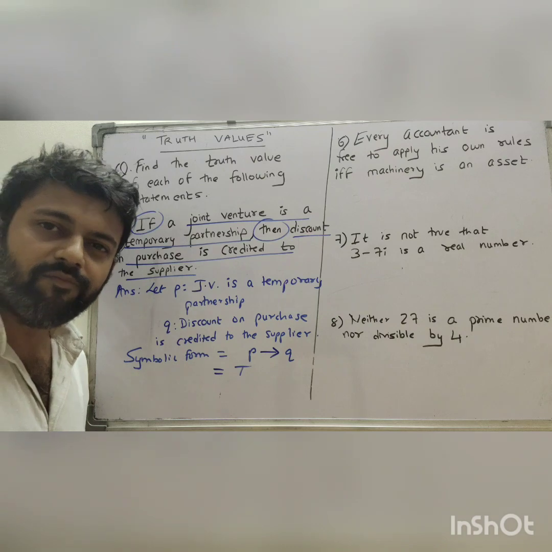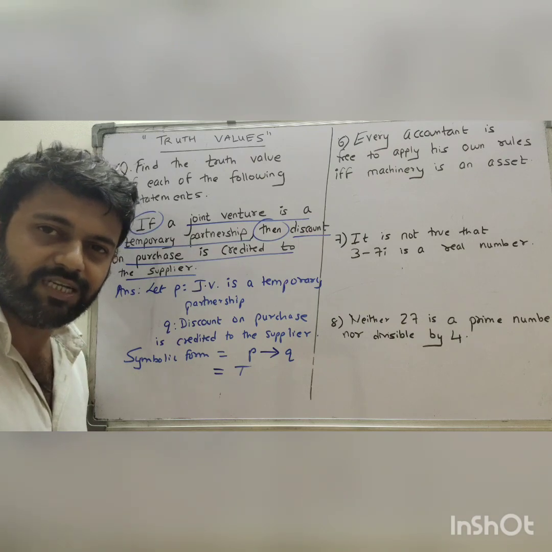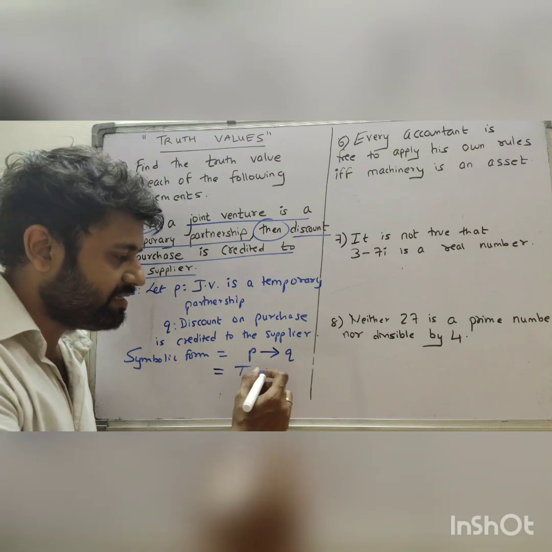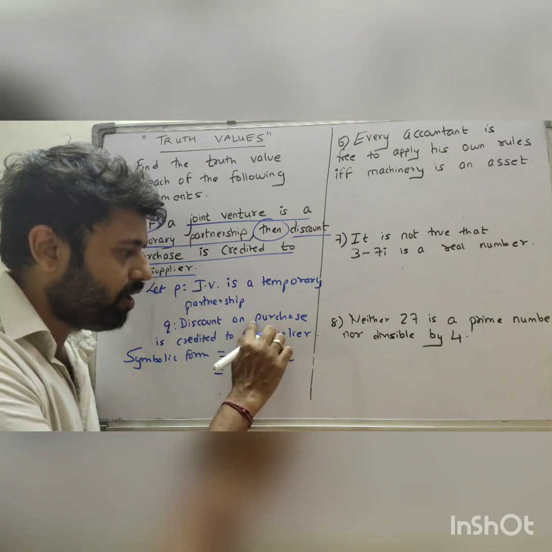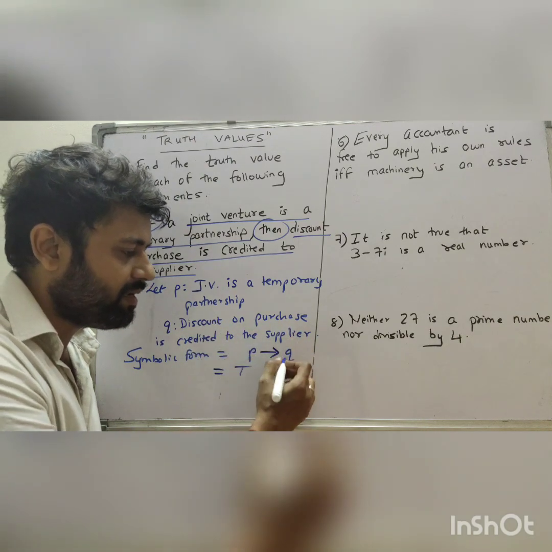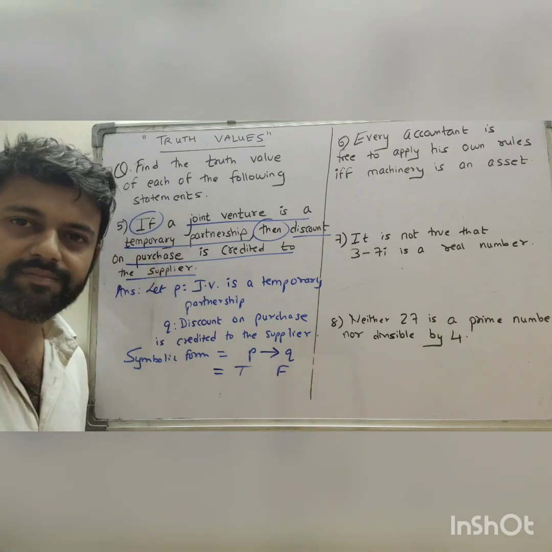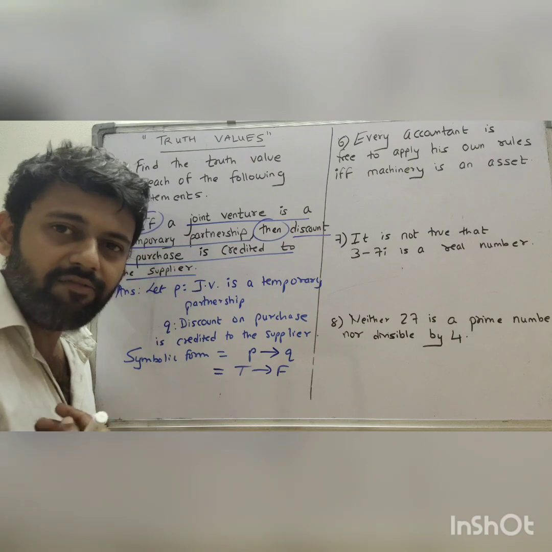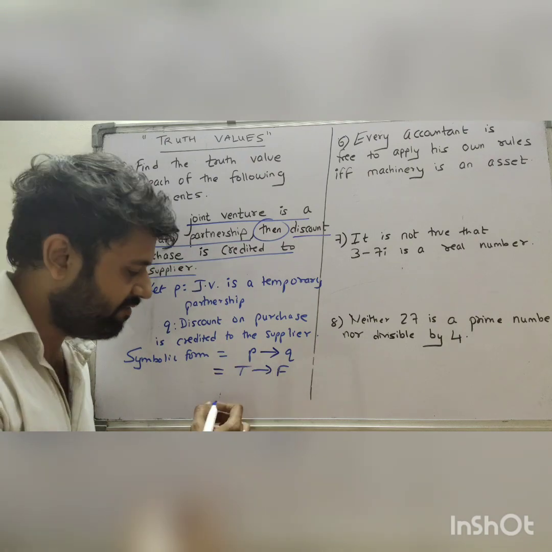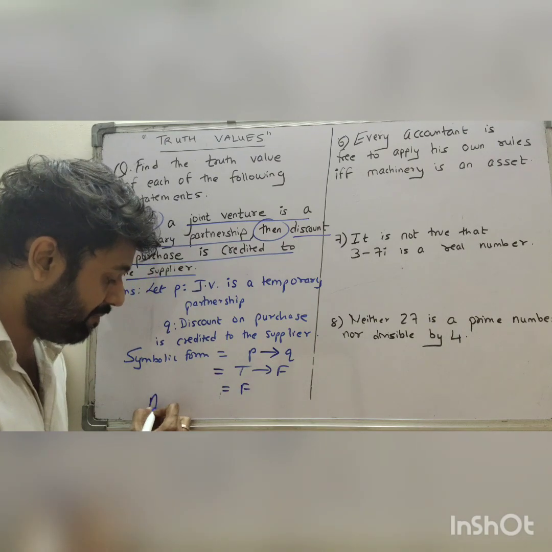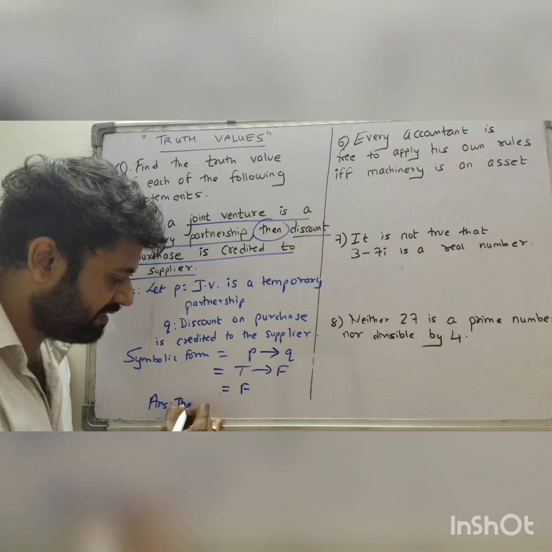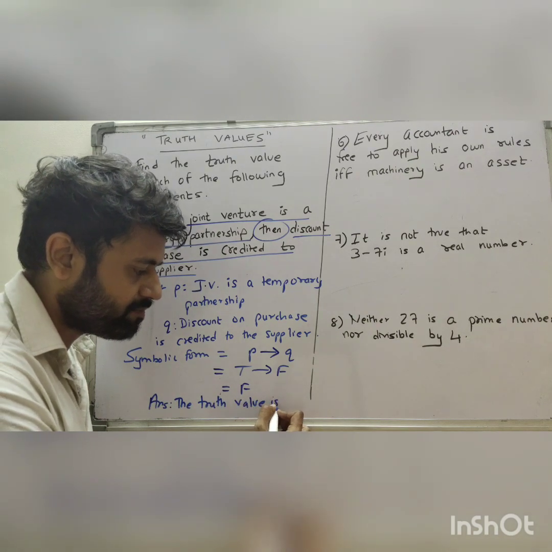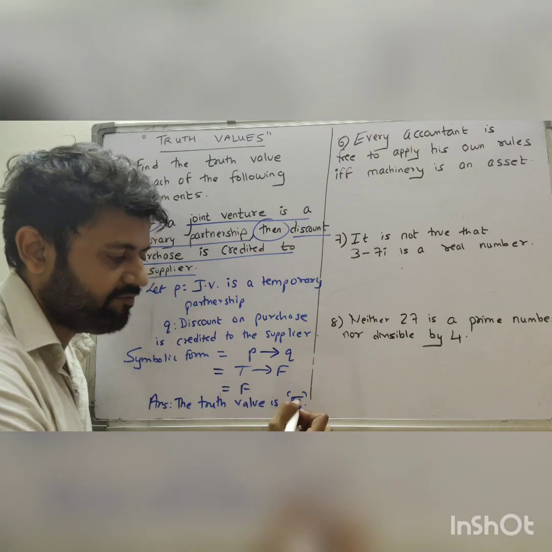You can confirm with your accounts teacher. They will definitely say it is a false statement. And here I will confirm that T implies F is F. The truth value is false, that is F.